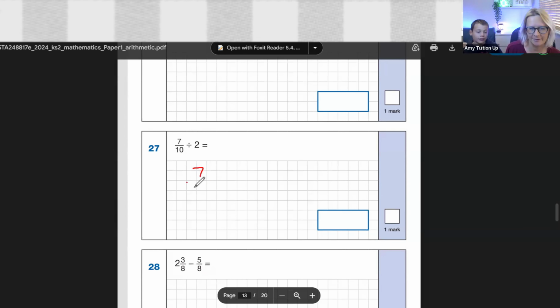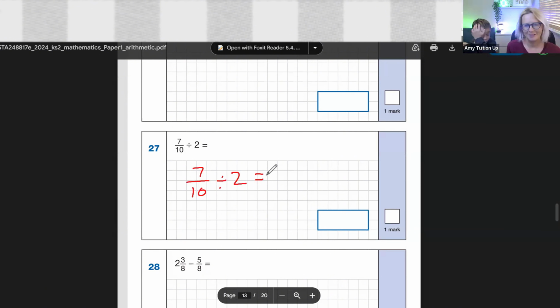7 tenths, and we're going to divide it by 2. Help me out. With fractions, the bigger the denominator, the smaller the fraction. So if you're making a fraction double the size, you would halve the denominator, and if you're making it triple the size, you would third the denominator.